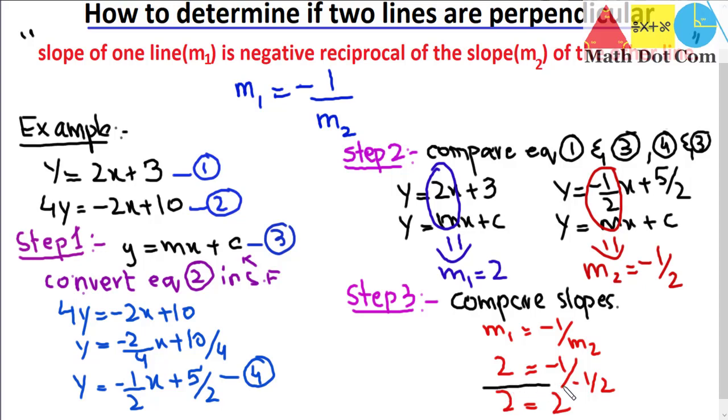It means they are meeting the condition that the two lines are perpendicular, because their slopes are negative reciprocals of each other. It is clear here that m1 is 2 and minus 1 by 2 is the negative reciprocal of 2. This is how you can check whether the lines are perpendicular or not. So I can easily say here that both lines are perpendicular.